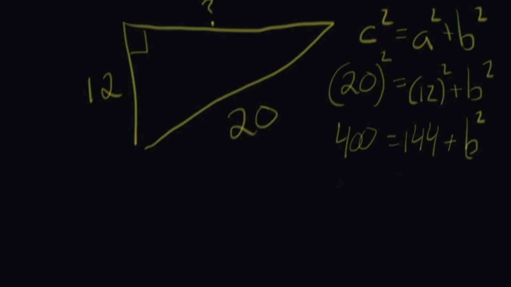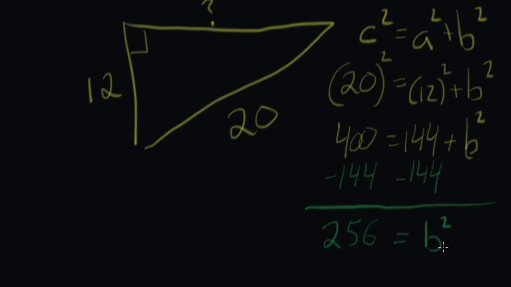So I'm going to subtract 144 from both sides. And that is going to leave me with b squared is equal to, gosh, it has been a long day. What's that going to be? I think 256, so 256.